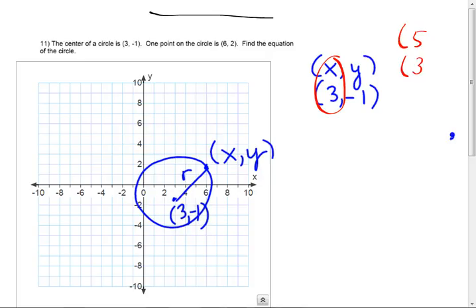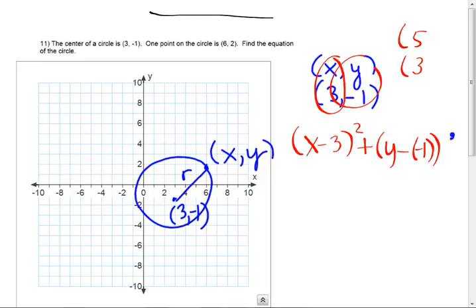You subtract them. So it's x minus 3. X just stands for a number. Just leave it. How far apart are these? It's y minus, careful, a -1, squared.